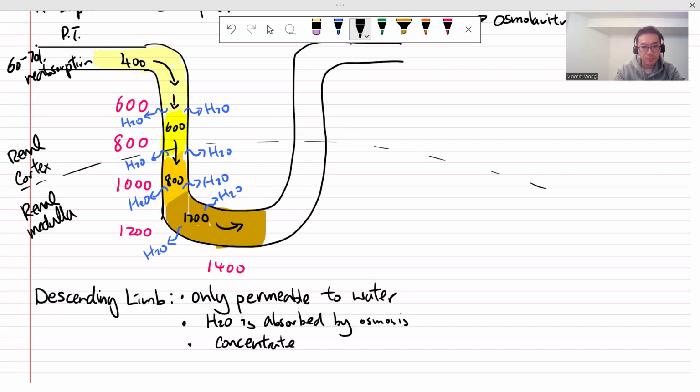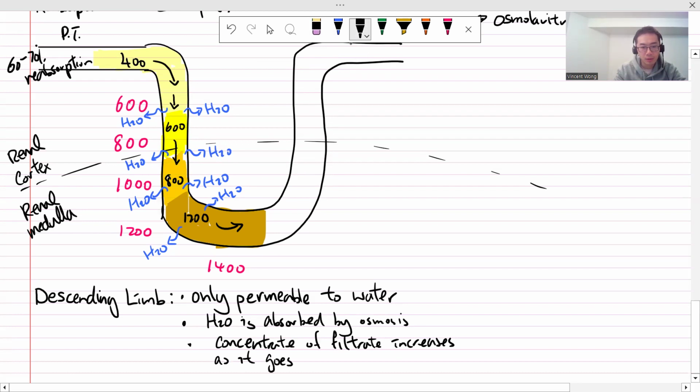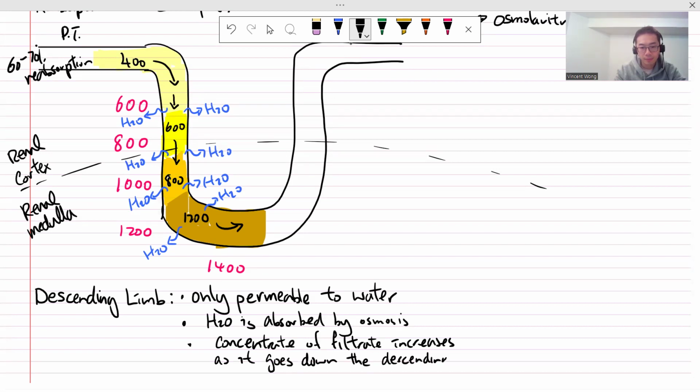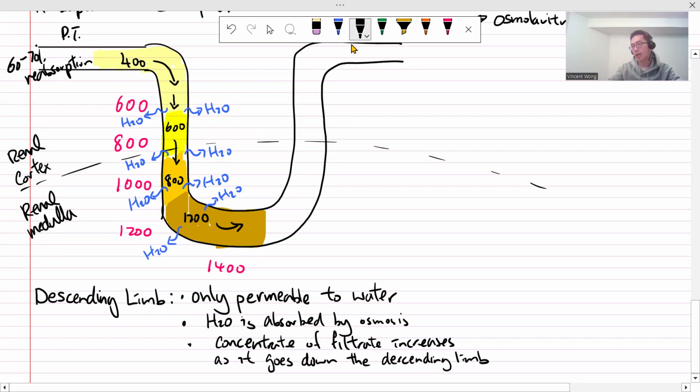Concentration of filtrate increases as it goes down the descending limb. So it's the most concentrated at the bottom.